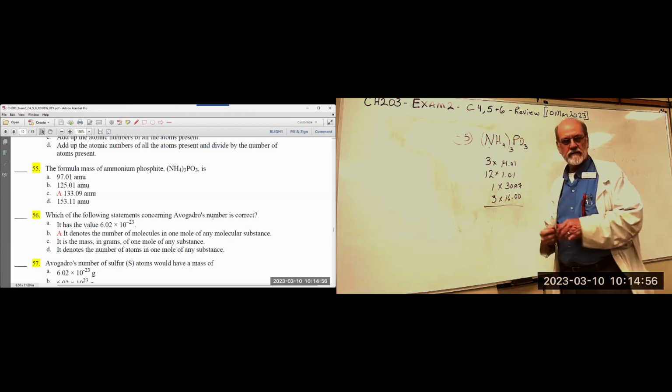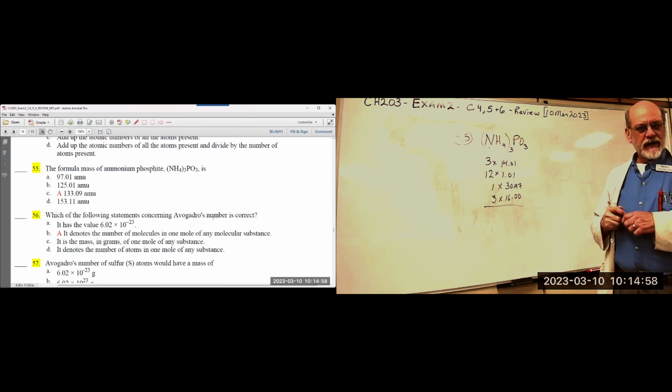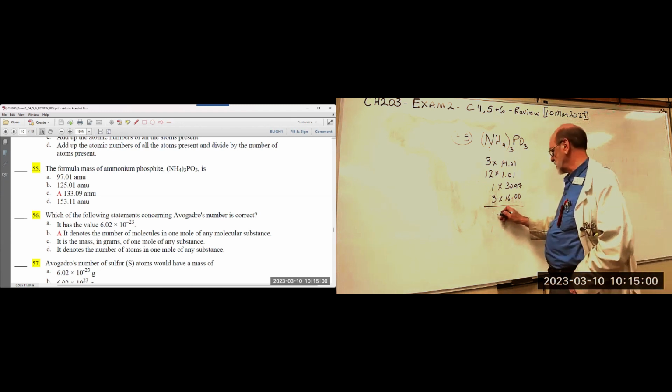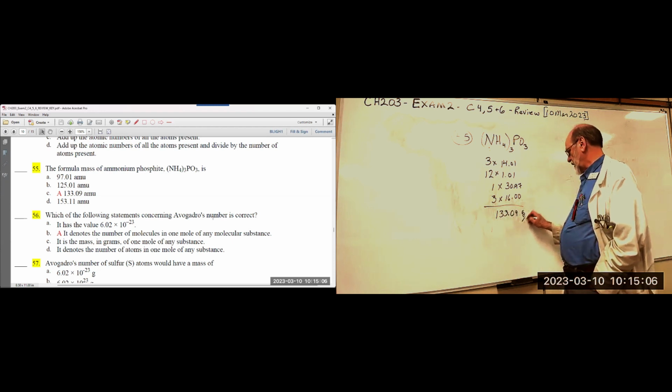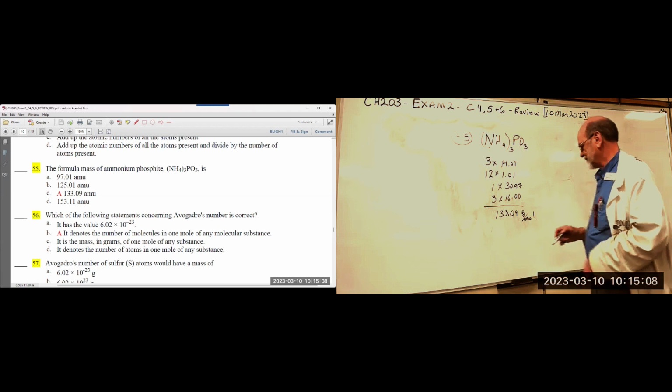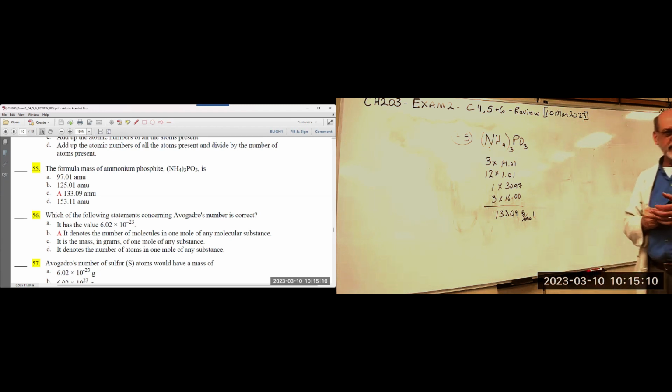Just add them together, and it should be grams per mole, right? For that formula.